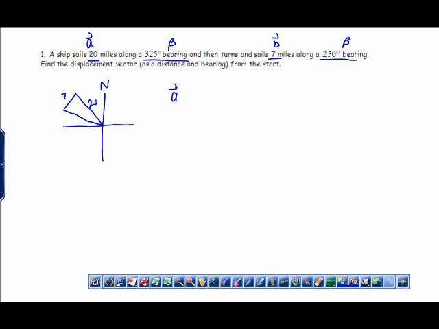For vector A, we know that the magnitude of vector A is 20. We don't know the theta yet, but I do know that the theta is going to be 90 minus 325, and this is obviously going to be a negative number, so I'm going to have to add 360 to it.